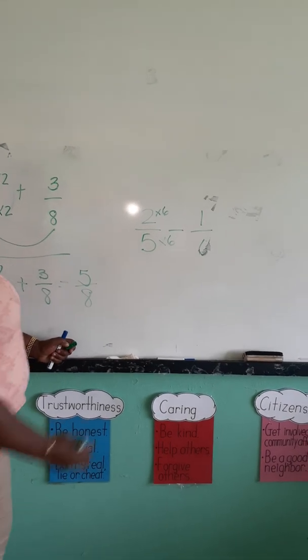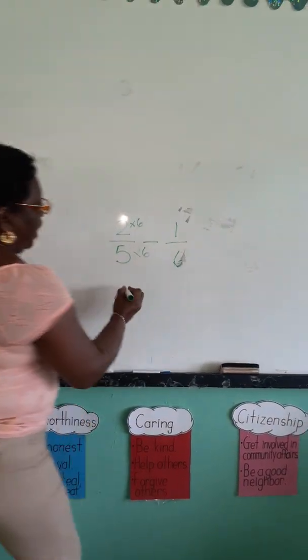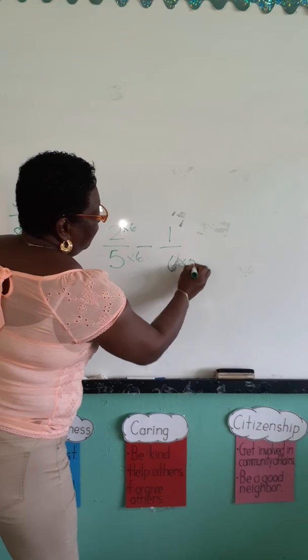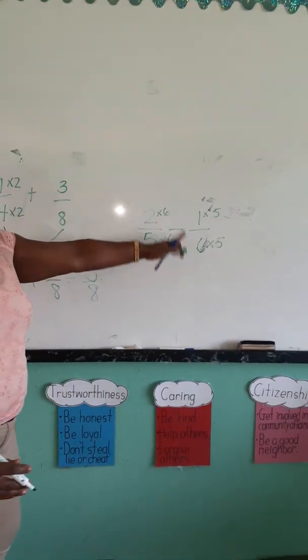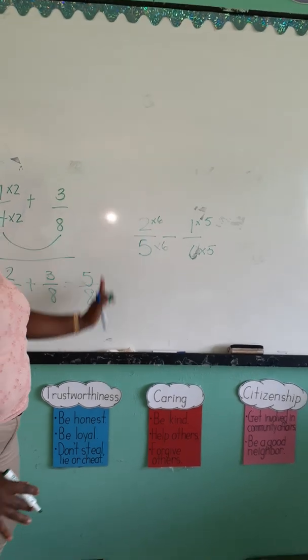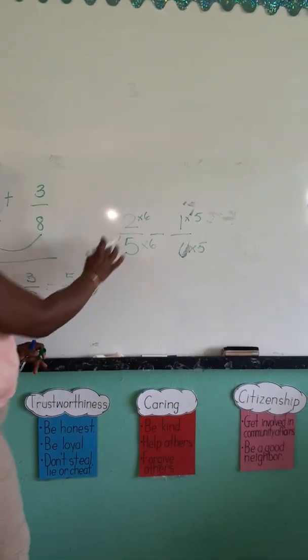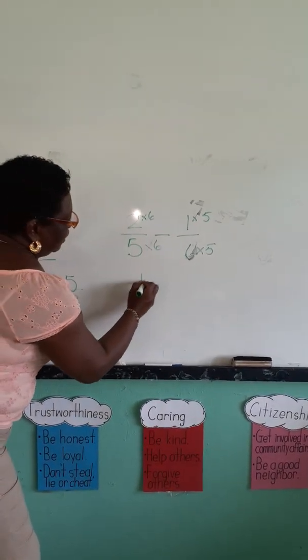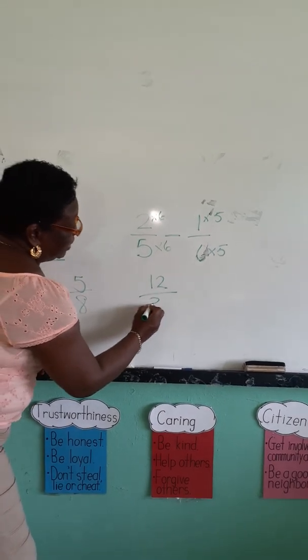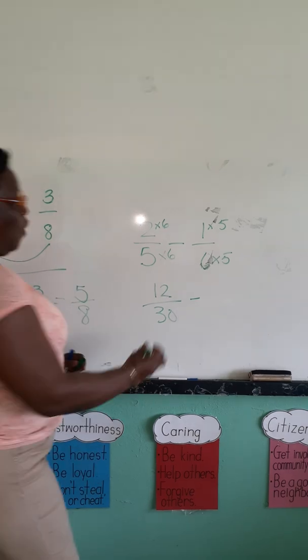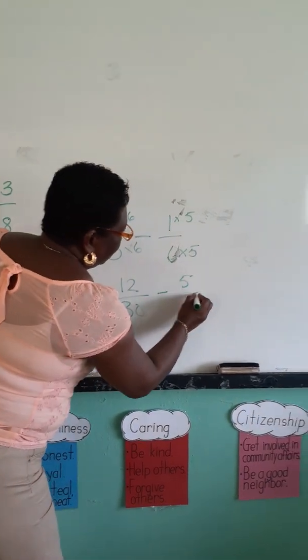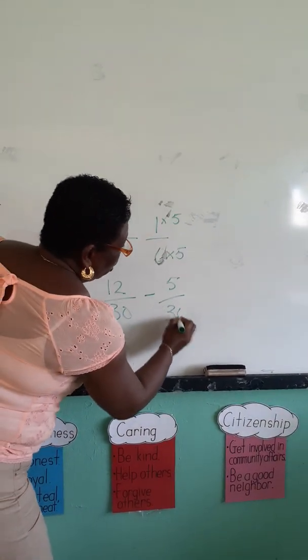And then we multiply 6 times 5, and we multiply 1 times 5. You see what happened, right? And so we say 2 times 6 is 12, 5 times 6 is 30. Take away 1 times 5 is 5, 6 times 5 is 30.